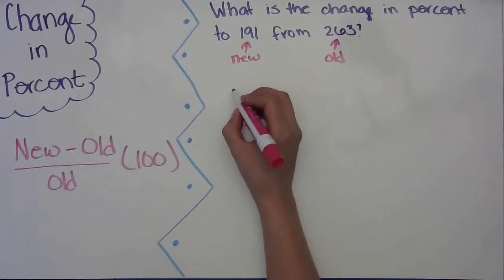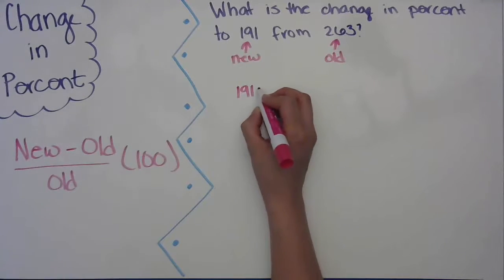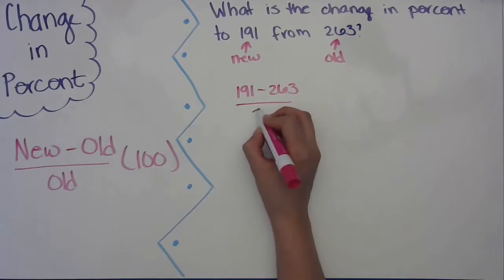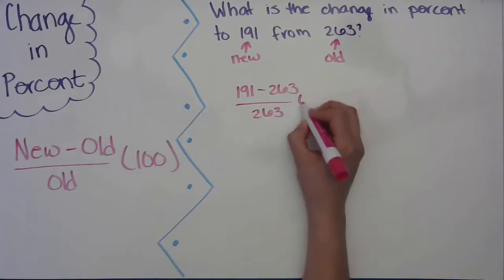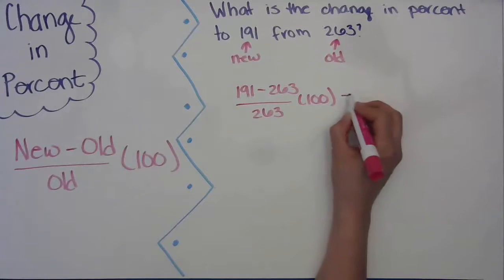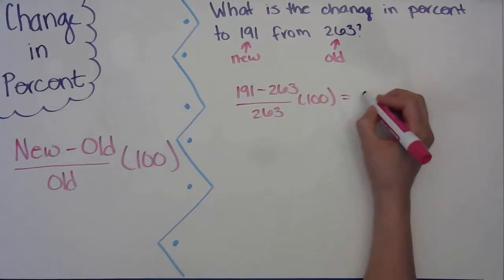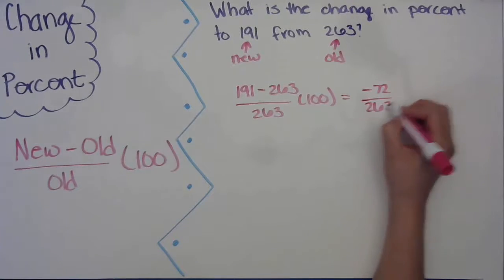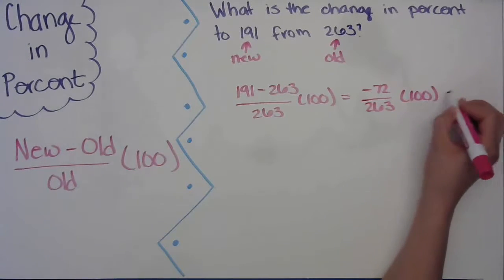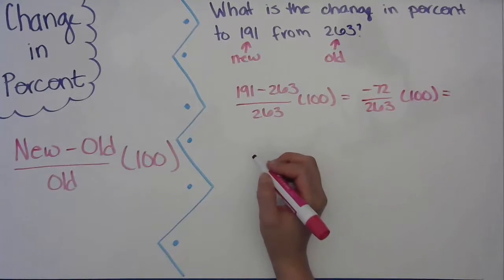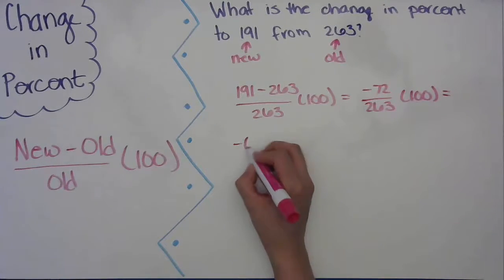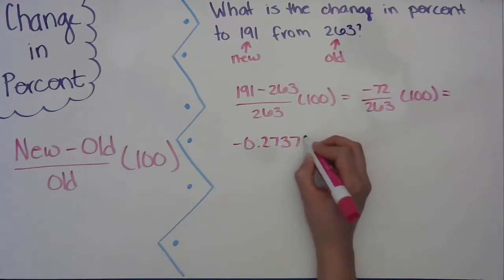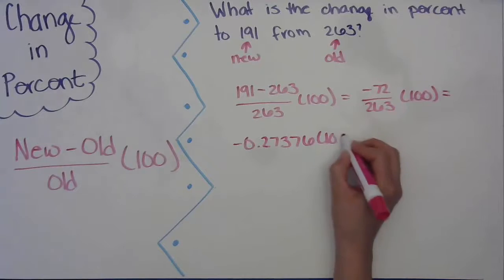So our new value is 191 minus 263, divided by 263, times 100. Subtract those. That is going to give you a negative 72 over 263 times 100. Divide those out. That is going to give you negative 0.2736.